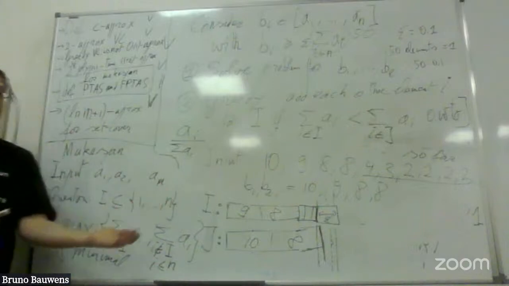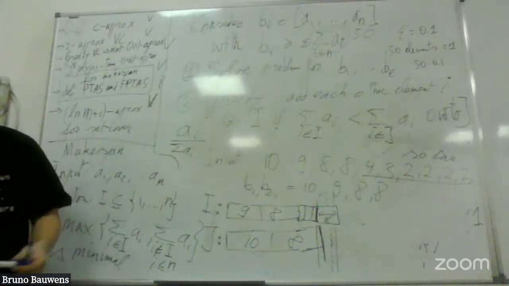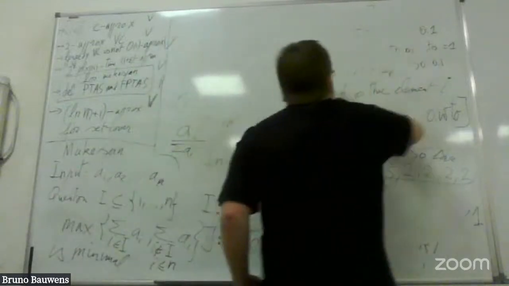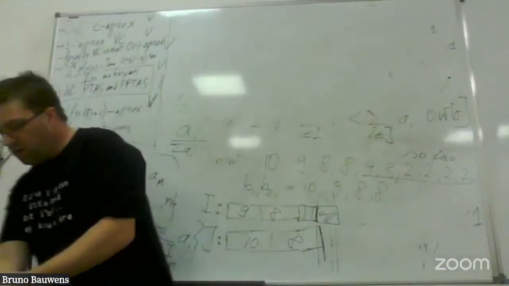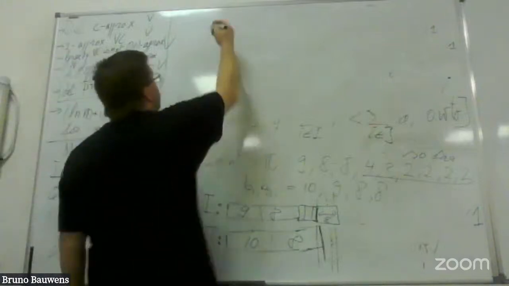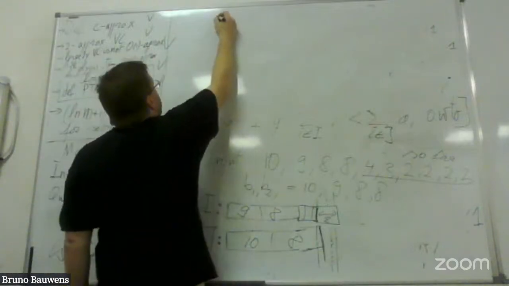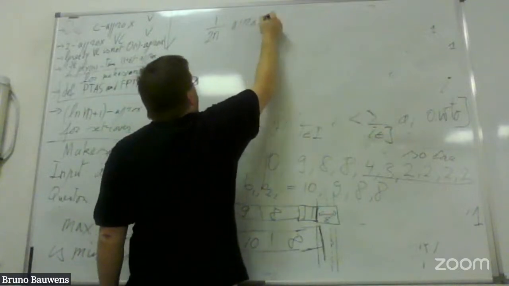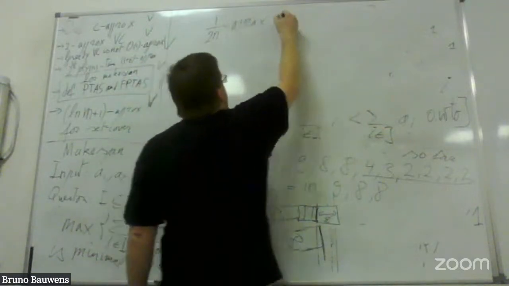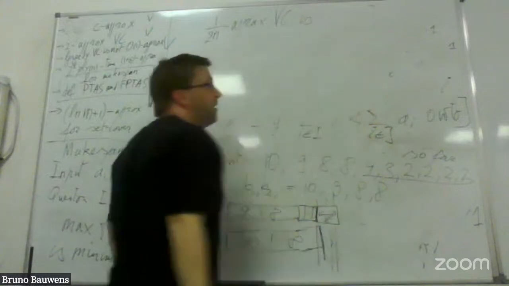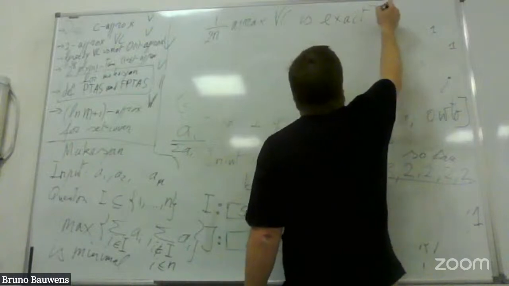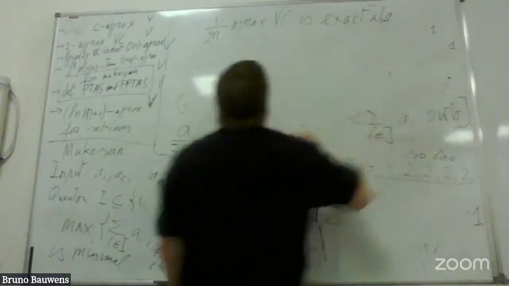Because we know that, imagine that we have a 1/2n approximation algorithm for vertex cover, it is an exact algorithm. Why?